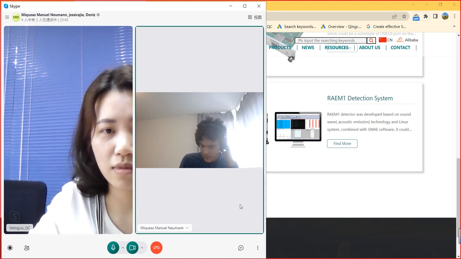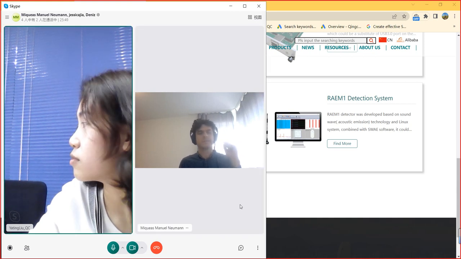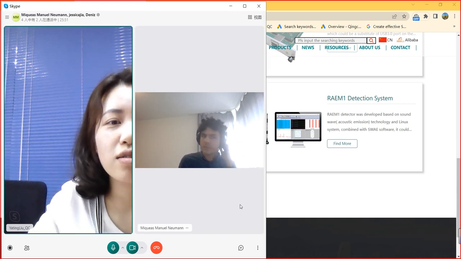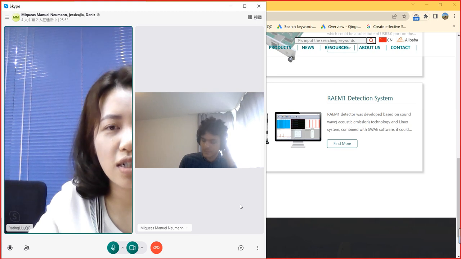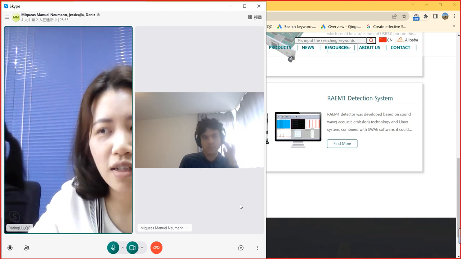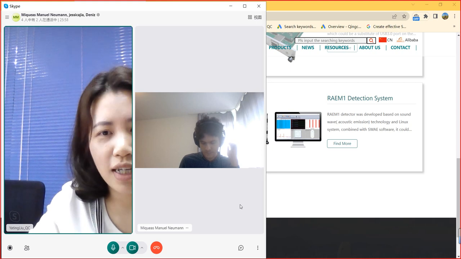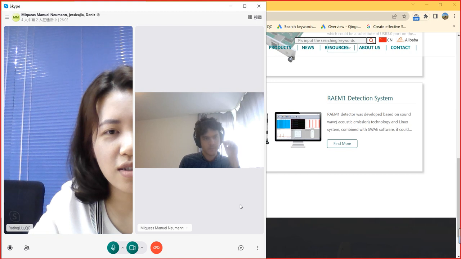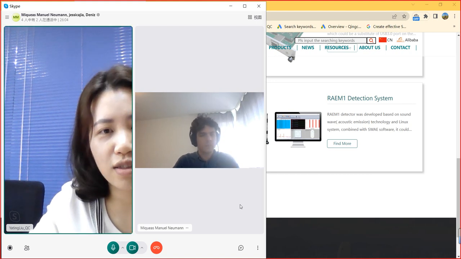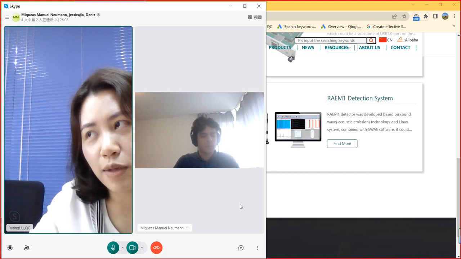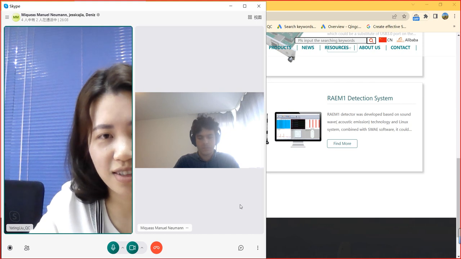And the prices. Okay. Just for the RAEM1, what communication modules would you like? How do you want it to connect to your computer or terminals?